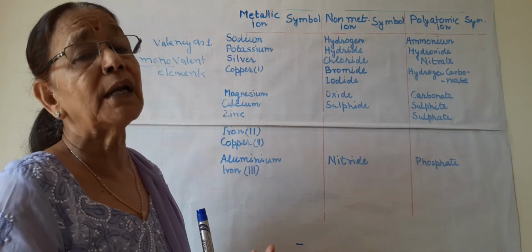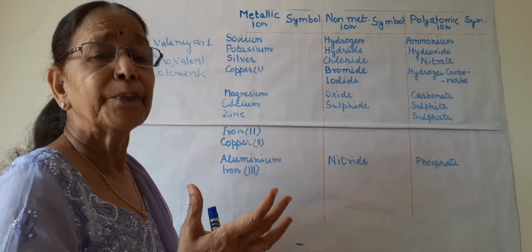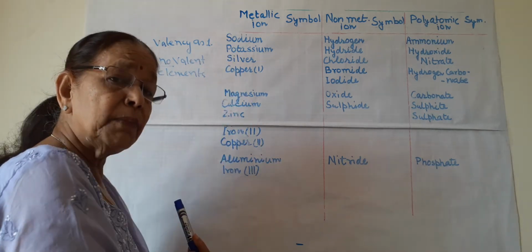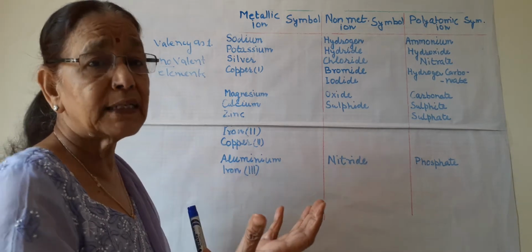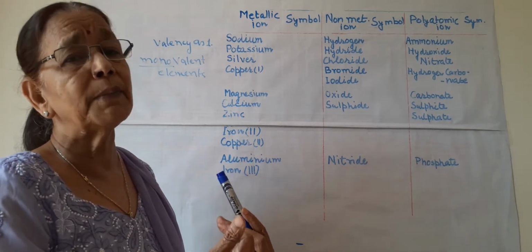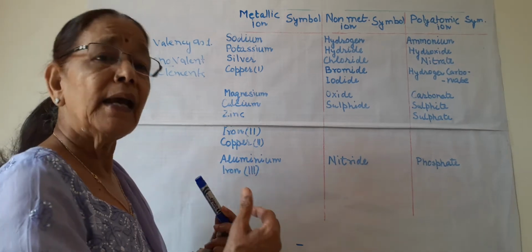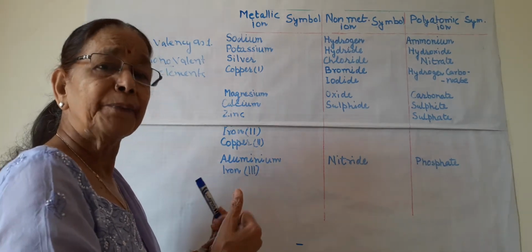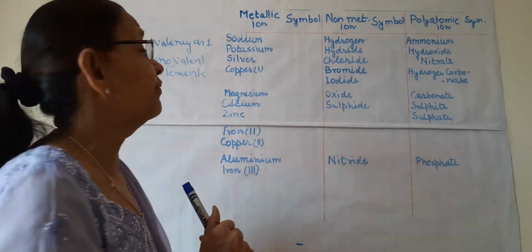So you must learn about 20, 30, 40 at least the symbols and their valencies, and slowly you will remember all the symbols and valencies, as we are used to them when we study chemistry.